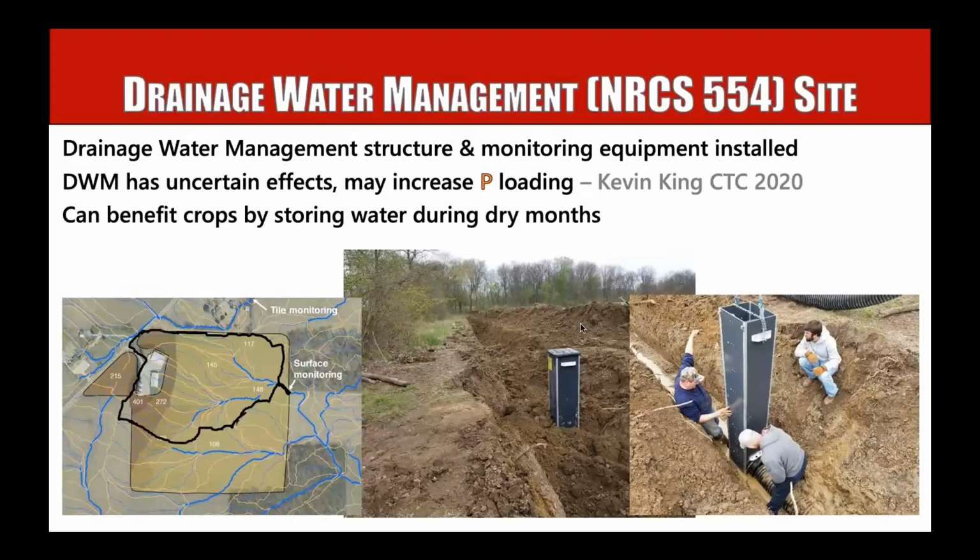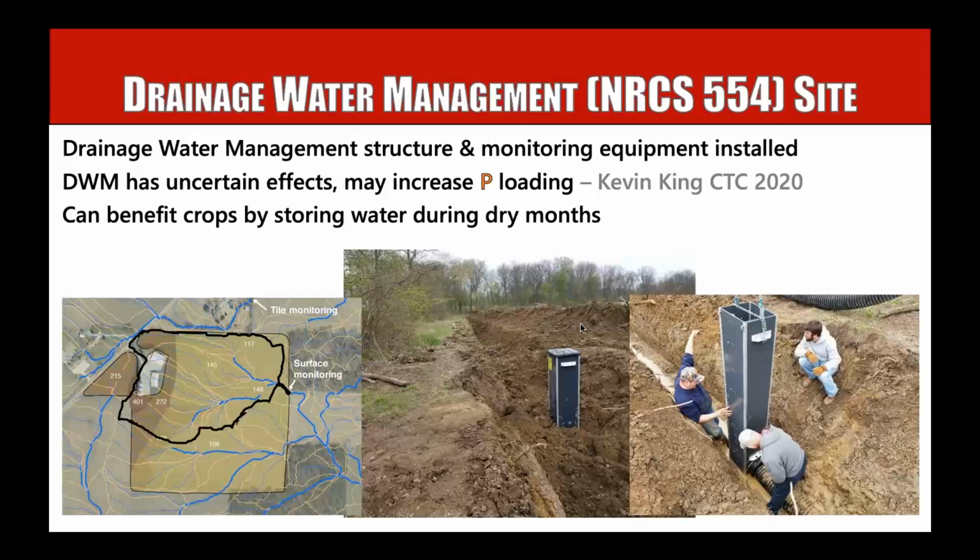So here is one of our drainage water management sites that we've installed right here. One of the things that's important about drainage water management, it has shown some potential, but it also has some uncertain effects. Kevin King has looked at this and pointed out that there may be some concern about actually increasing phosphorus loading.